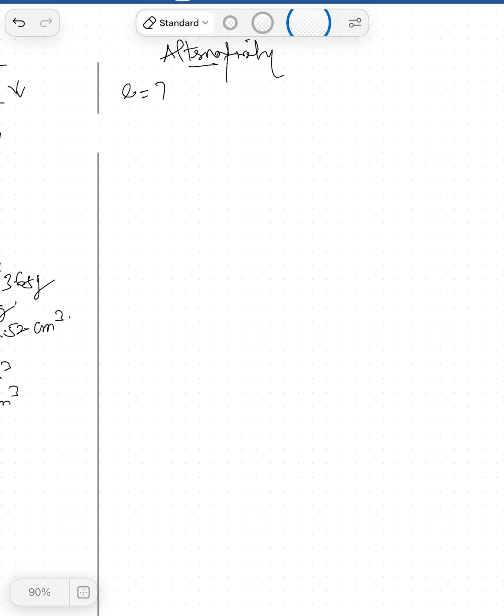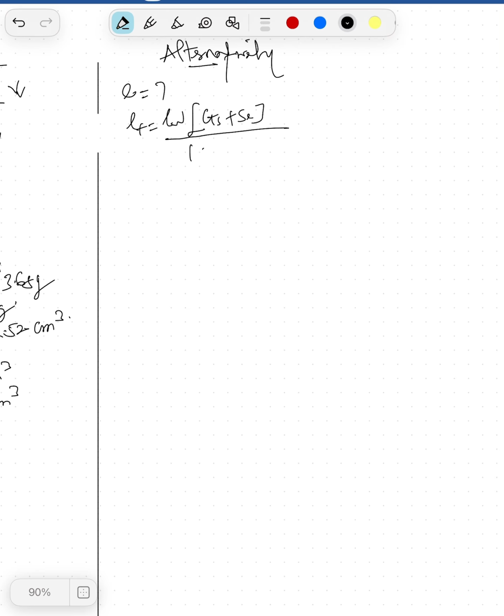We're using density. Total density equals density of water times (Gs plus Se) all over 1 plus e.